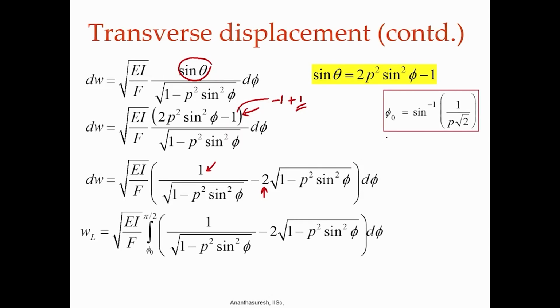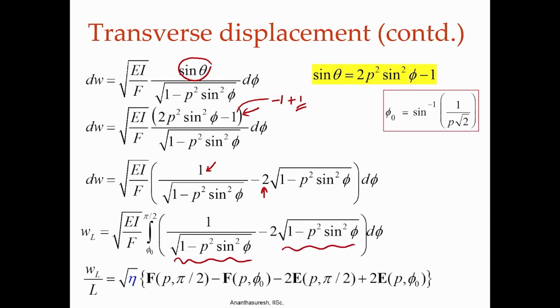Now, if you notice, what we have really is elliptic integral of the first kind here and then the second kind here. Okay. So, that is why with the limits put in from phi 0 to pi by 2, we get W L by L. I made it non-dimensional here by dividing by L throughout.